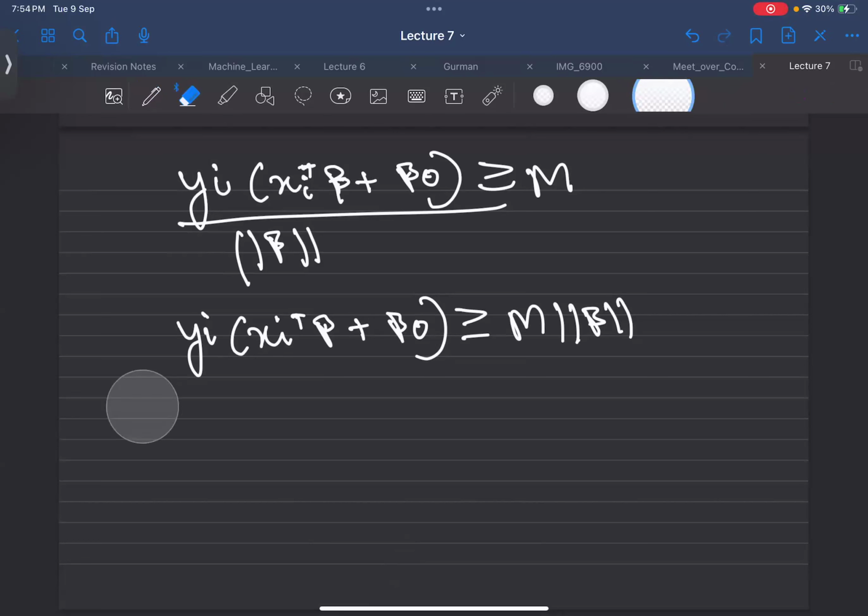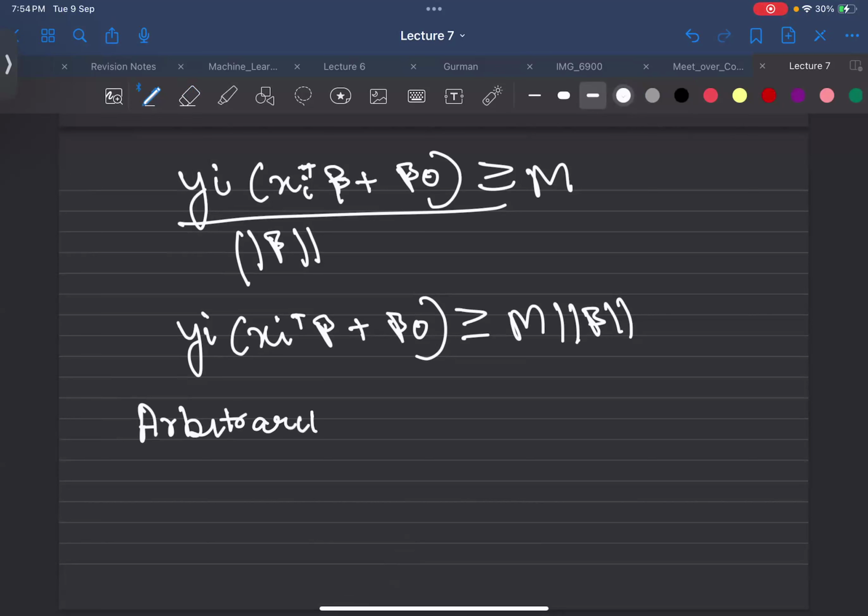Now, I arbitrarily set norm of beta equal to 1 by m. Why am I doing this? Can someone tell me? I'll try to give the intuition as much as possible.